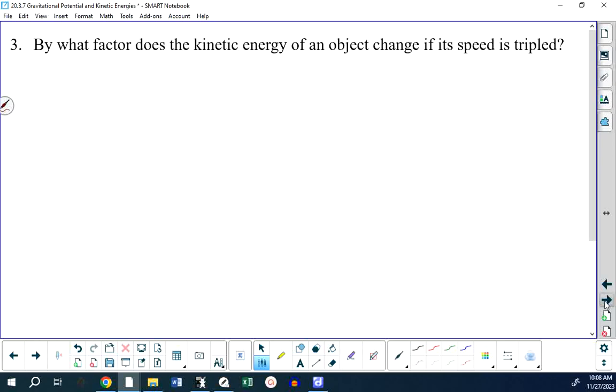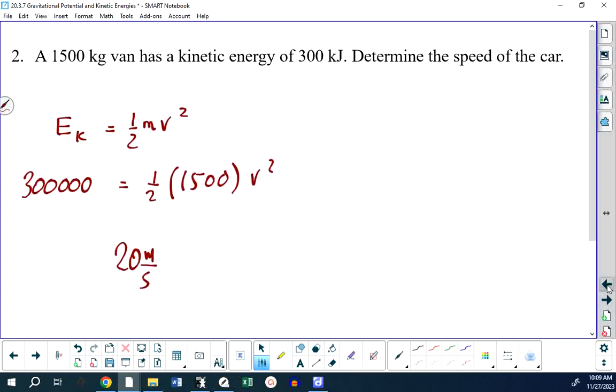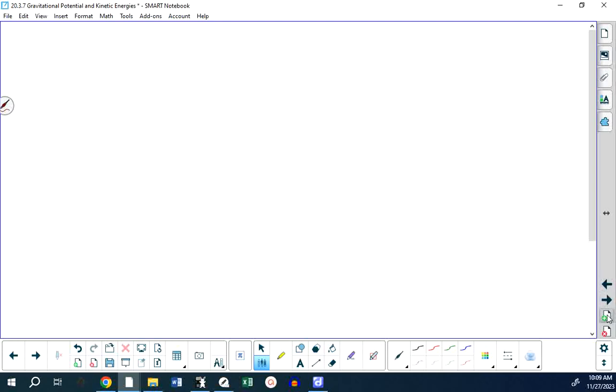All right. By what factor does the kinetic energy of an object change if the speed of the object is tripled? Would everybody agree that if an object is moving faster, it has more kinetic energy? Okay. Before we do this question, I want to throw this idea at you. If I lift an object vertically to a certain height, then at this point it has potential energy.